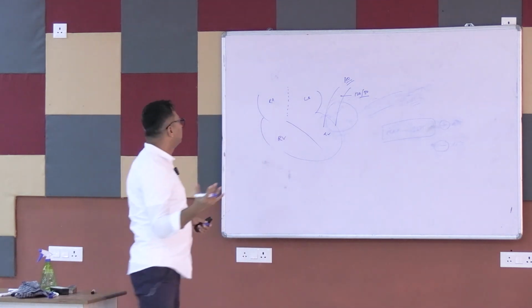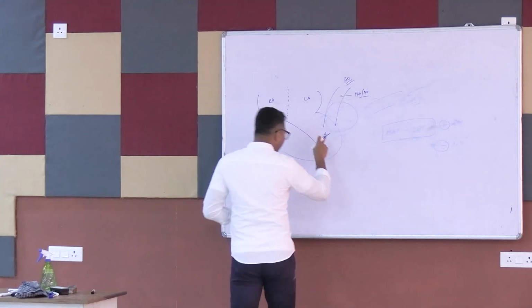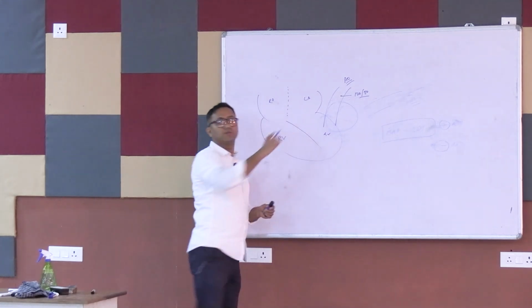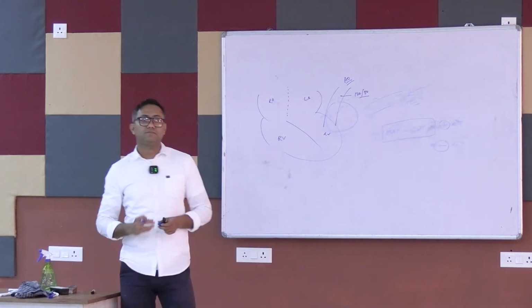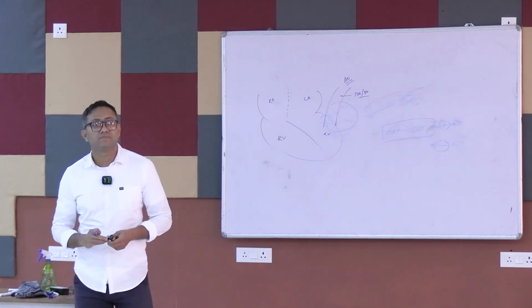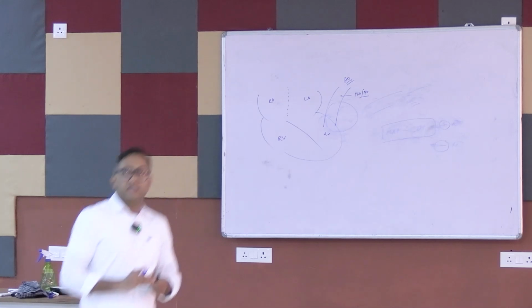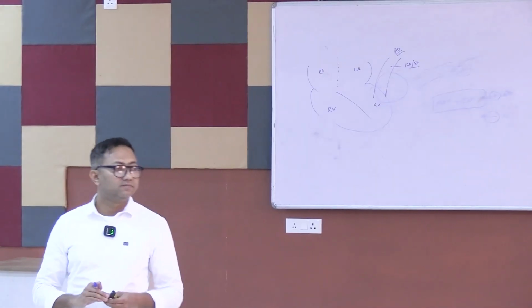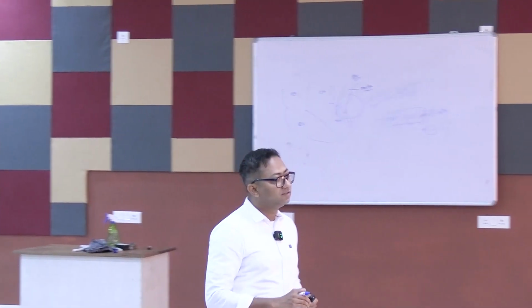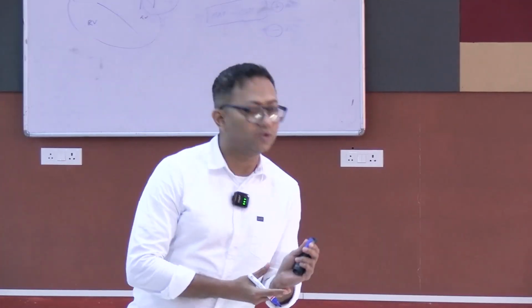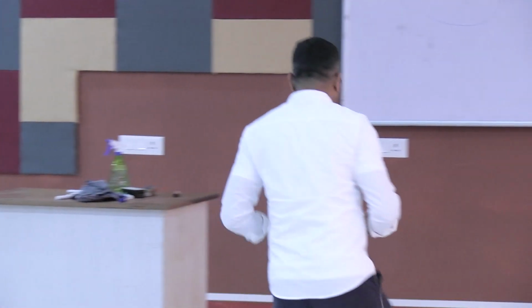Now, tell me how much is the pressure in LV during systole and during diastole? Any idea? Yes? More than 120, okay. Anyone? In systole or diastole, what? In systole, and in diastole? Okay.